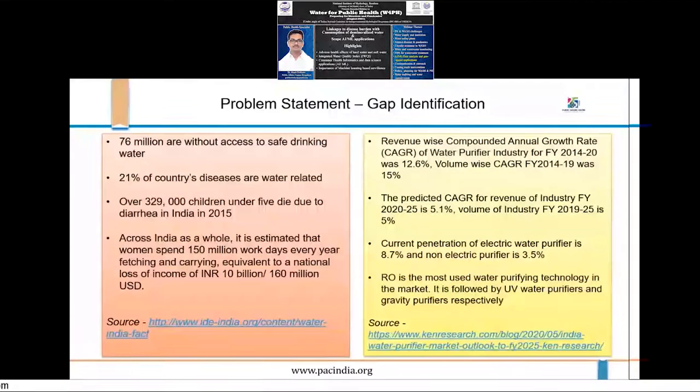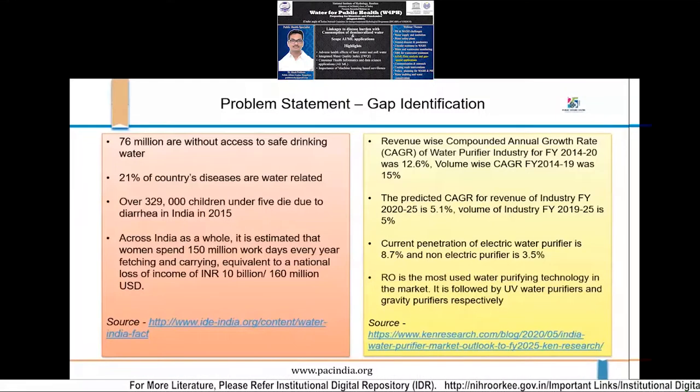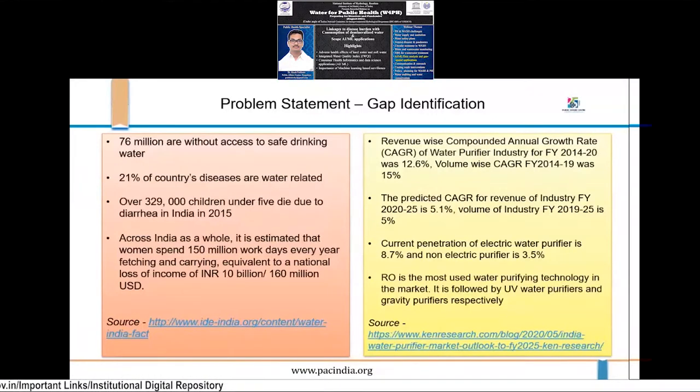Now, there are two parts to this. There is a huge proportion of the population without access to safe drinking water, and 21% of the country's diseases are water related. However, these are directly water related. We are yet to estimate how many diseases are indirectly linked to the consumption of demineralized water in India.